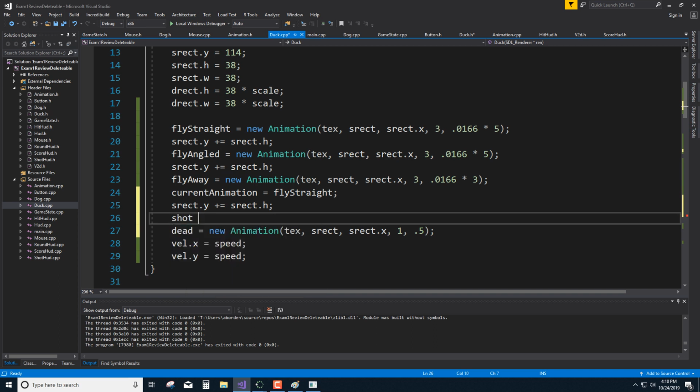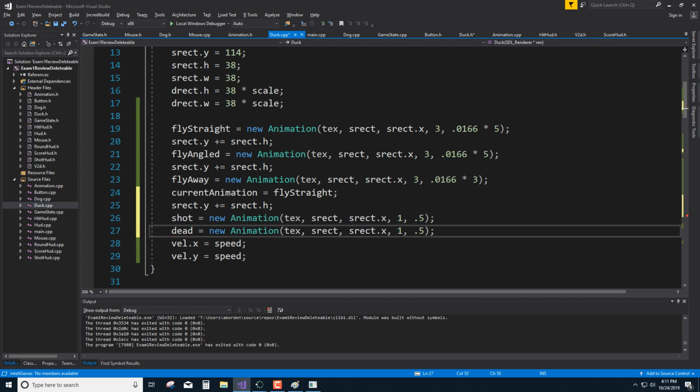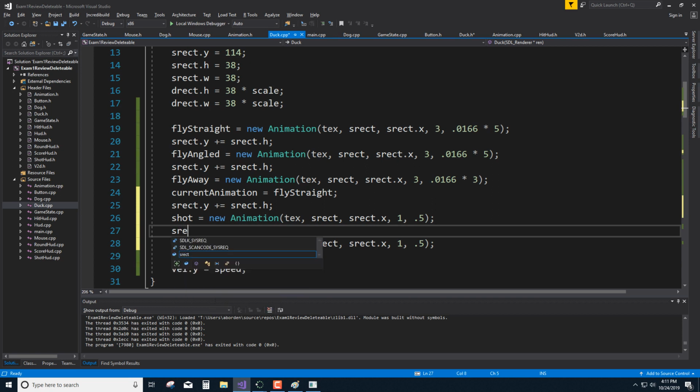Shot equals new animation, texture, srec.x, 1, and then 0.5 for half second, and then we move our rectangle again. But this time we're moving right because the frame is 1 to the right. So we move the X. We'll leave the Y alone.